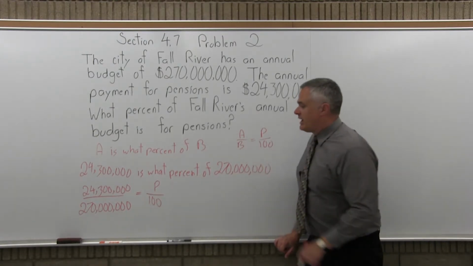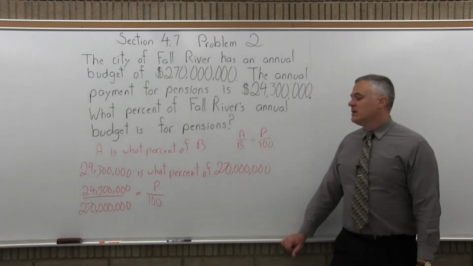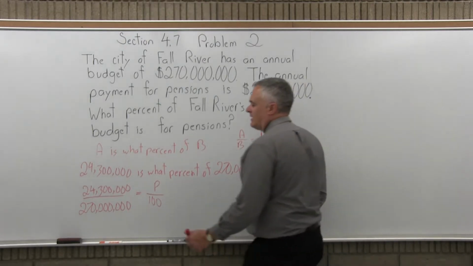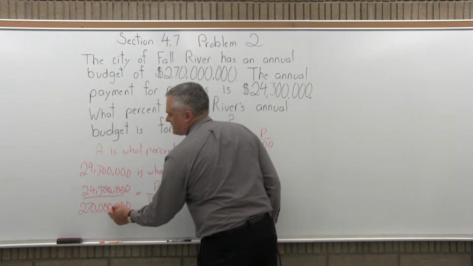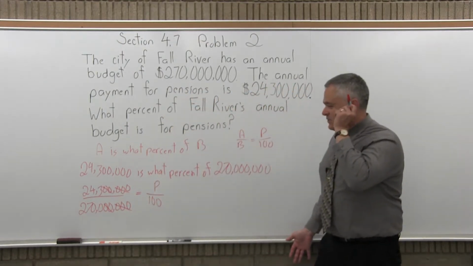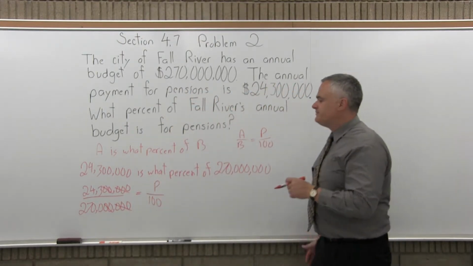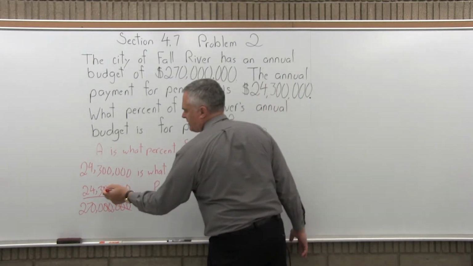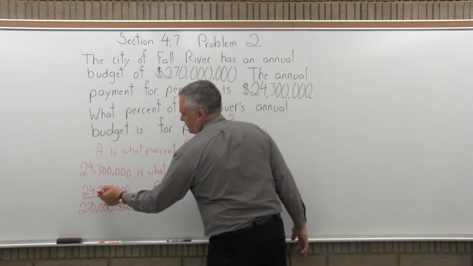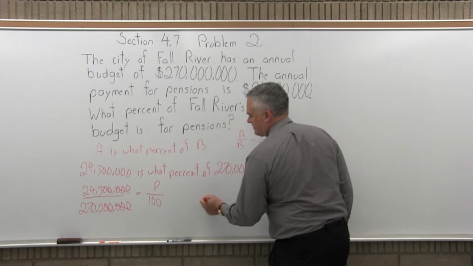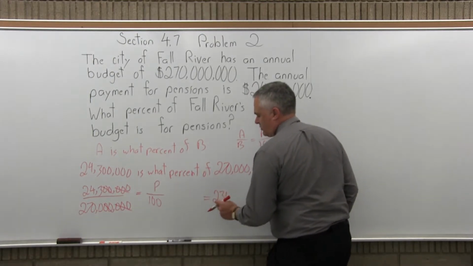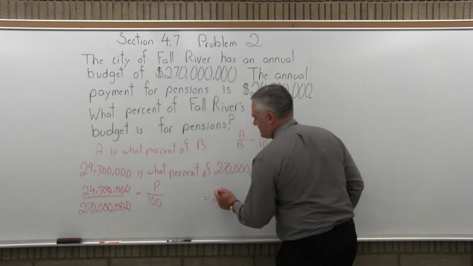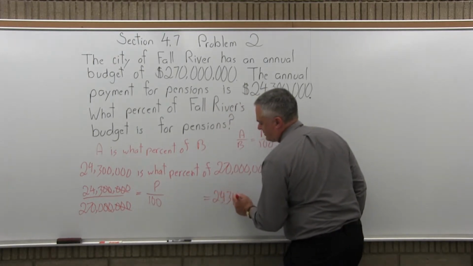We'll cross multiply and divide out the number next to the P. Now, it's almost crazy not to at least eliminate as many zeros as we can. So now when we cross multiply, I have 243 times 100. I'll put it on this side. 243 times 100 is 243 with 2 zeros after it.